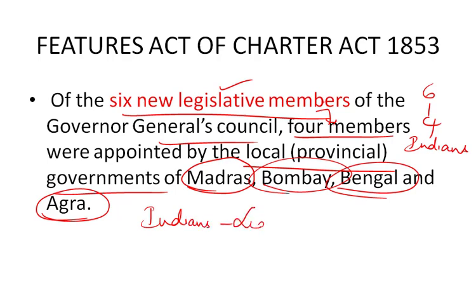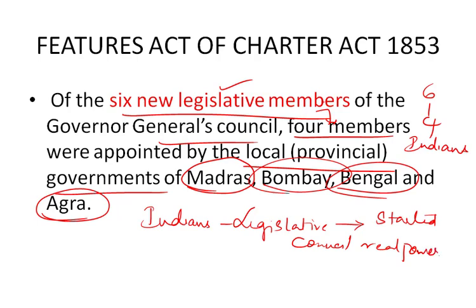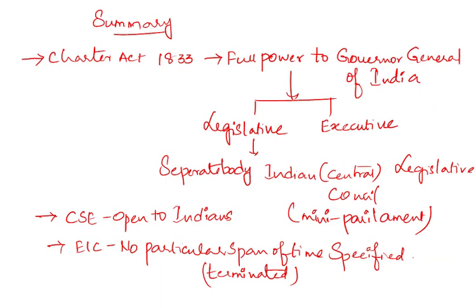So Indians were allowed to take part in the Indian Central Legislative Council. Indians' entry into the legislative function started through this act, but the real powers were not given to Indians. So this is about the Charter Act of 1853.